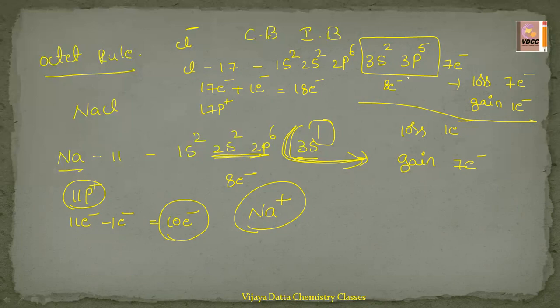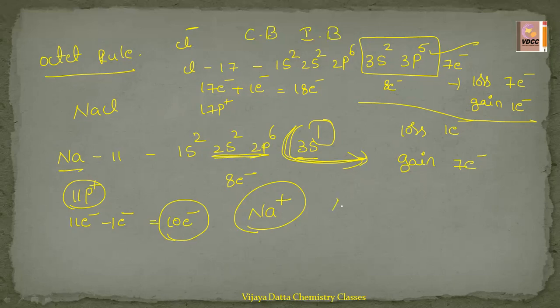Every atom tries to get stability. How will it be stable? If it has 8 electrons in its outermost shell, it is stable. So each and every atom tries to get stability. According to that, it will sometimes lose electrons, sometimes gain electrons.